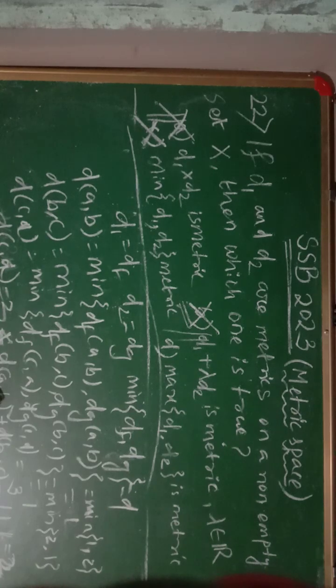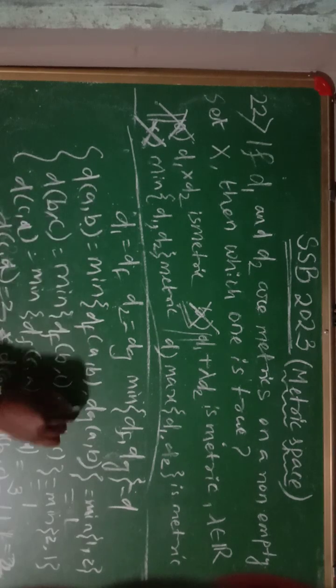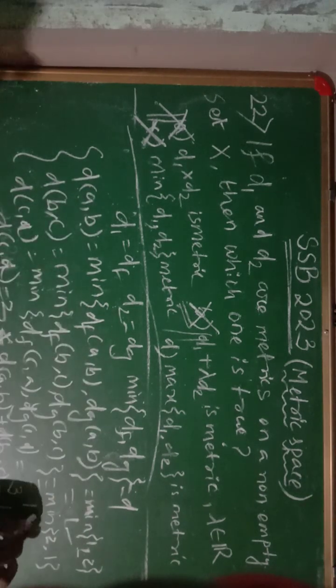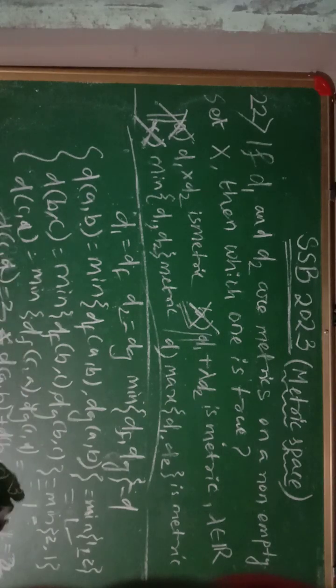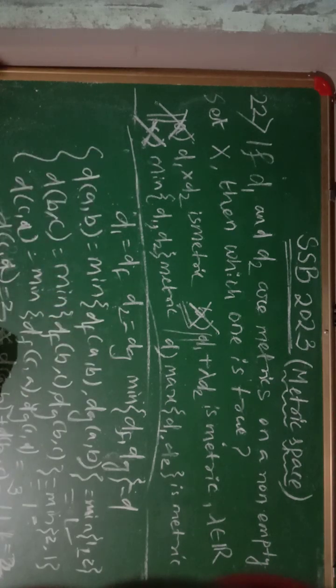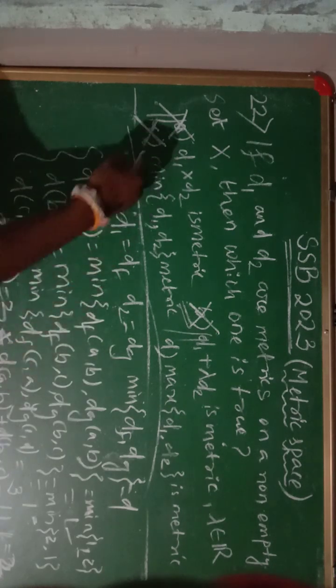In a similar manner, D of A comma B equals the minimum of these two values. The minimum value is 1, here the minimum value is also 1, and here the minimum value is 3, and 3 is not less than or equal to 2. So our triangular inequality, the third property, does not hold here. So option C is also cancelled.